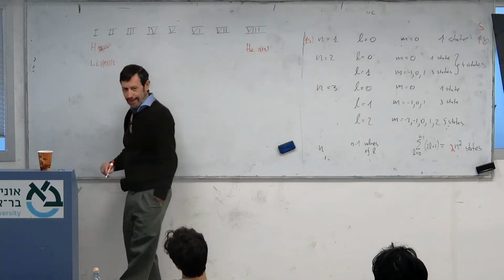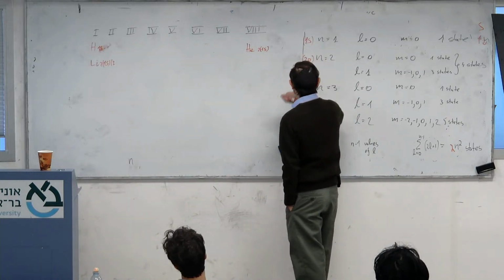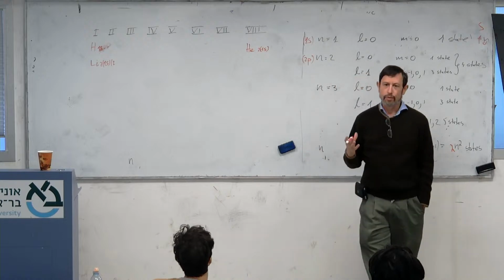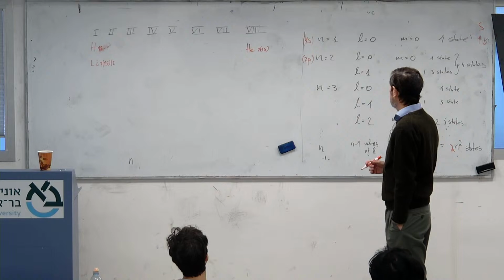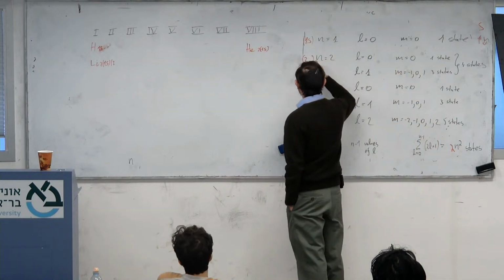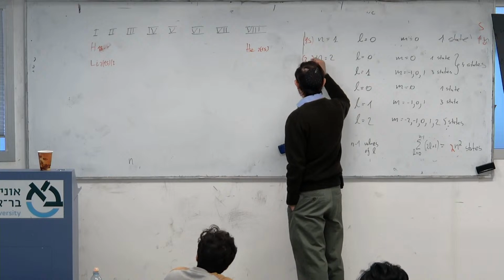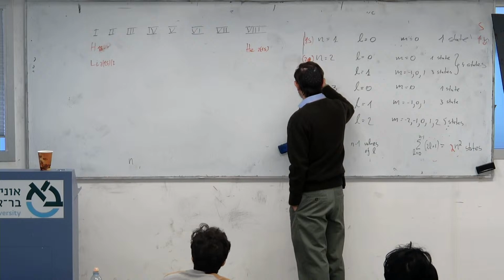N equal 2 is understandable, but for some reason, 2s and 2p.